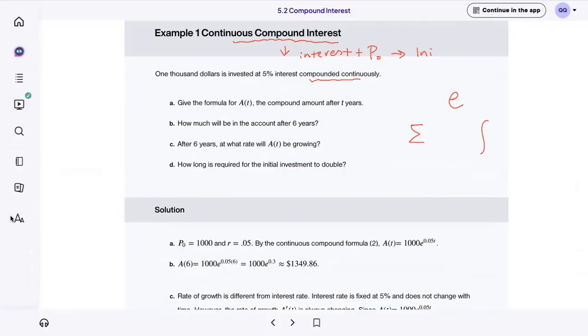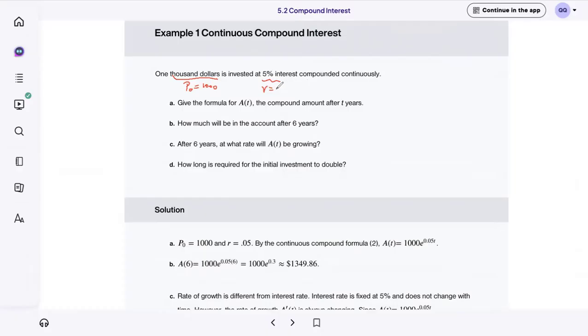Okay, let's see this question. We deposit $1,000. So this is P naught equals $1,000. We don't have to carry the dollar sign when we do calculations. It's invested at a 5% interest compounded continuously.